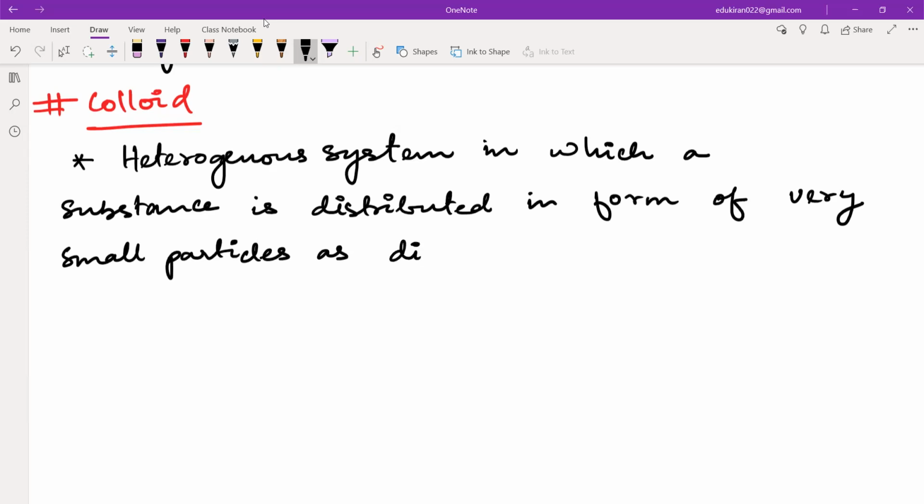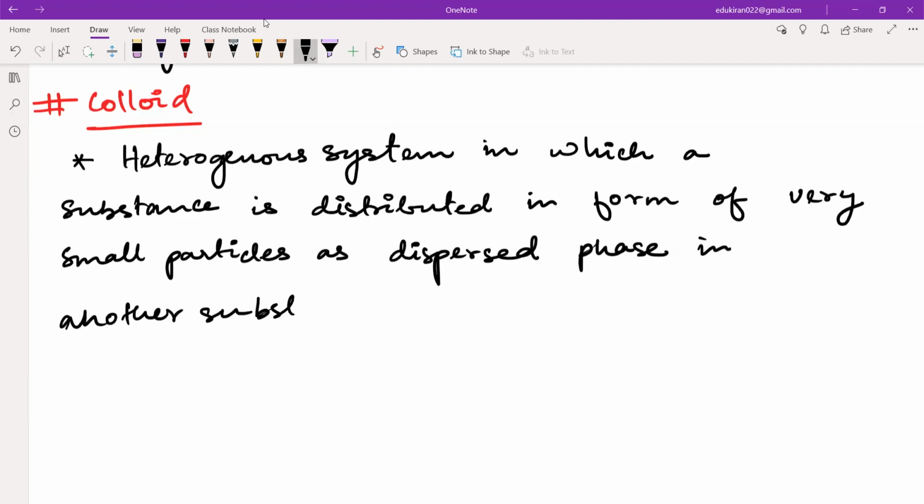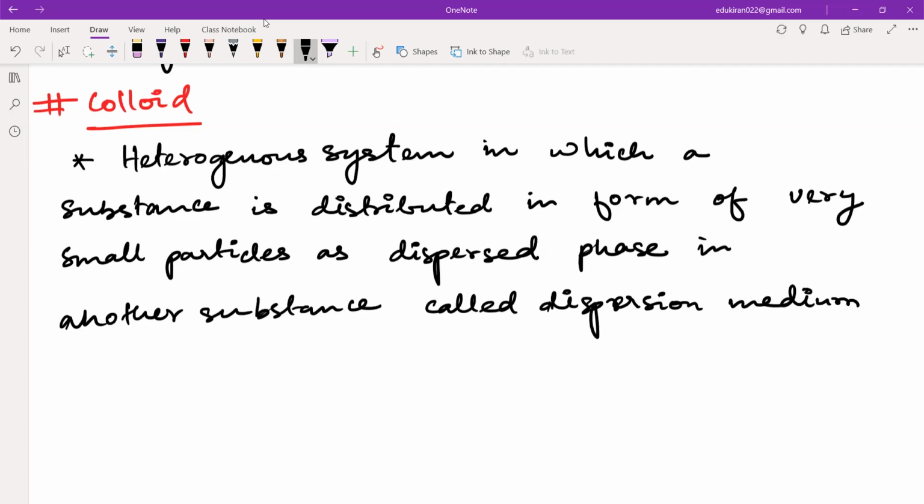Very small particles as dispersed phase in another substance called dispersion medium. Okay. Now we have two different words: dispersed phase and dispersion medium.